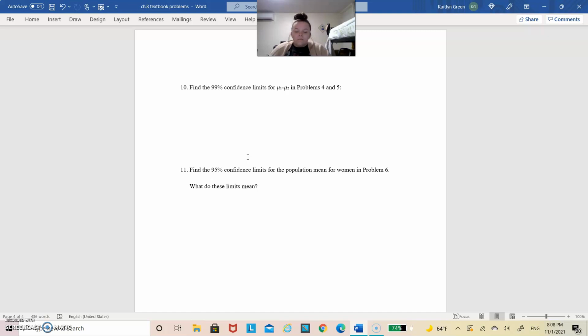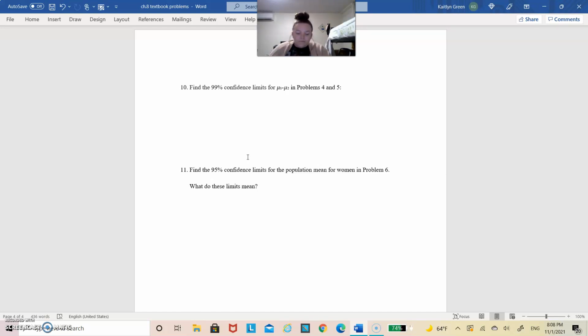It's quite a long equation, but to find the confidence limits, we have mu1 minus mu2 is equal to x bar 1 minus x bar 2 plus or minus sigma x bar 1 minus x bar 2 multiplied by z critical.